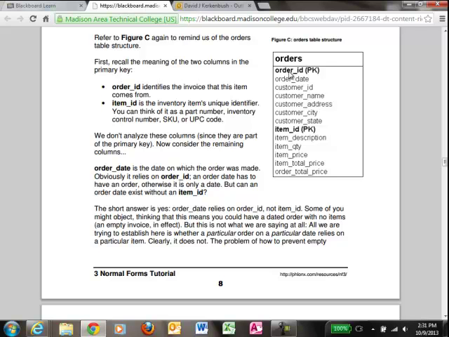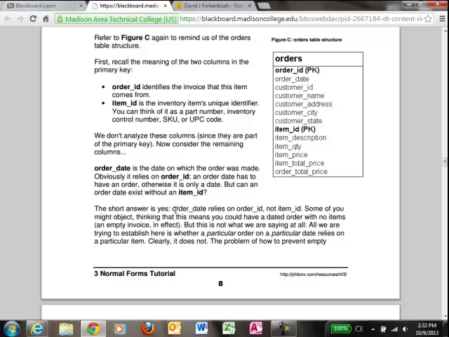Is that dependent on just the order ID or just the item ID, or does it need both? In this case, order date is dependent on only the order ID, meaning if you're given an order ID number, you can determine a single value for order date. So this first field already breaks the second normal form.